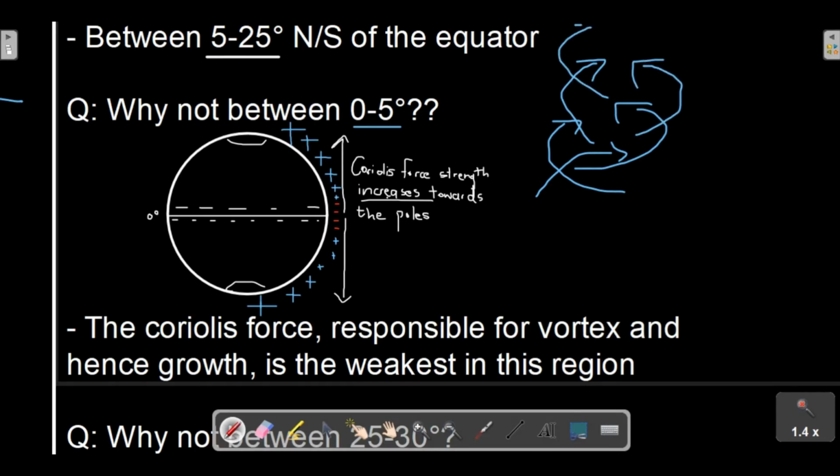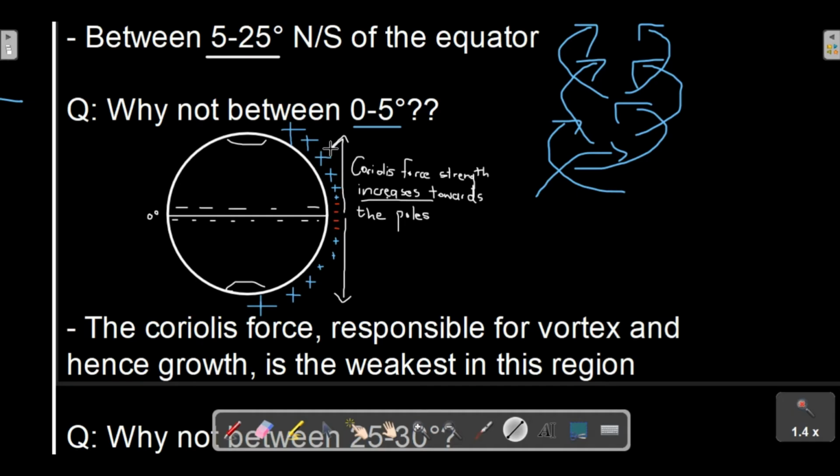If one would form, it would not develop to a stronger or mature stage, because it needs this Coriolis force to spiral, to further grow and develop. Okay, so that's our answer there.